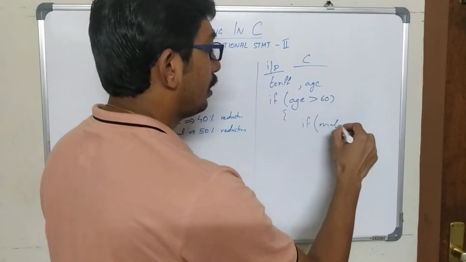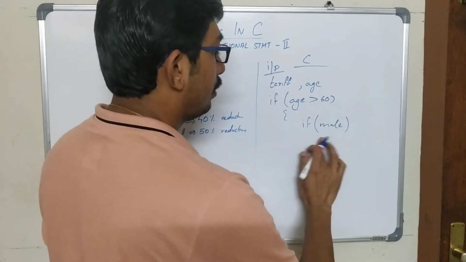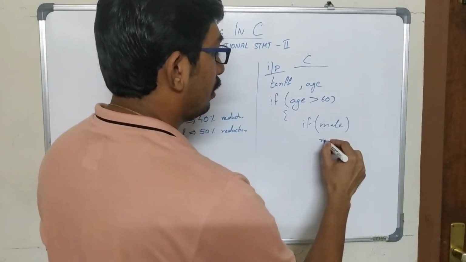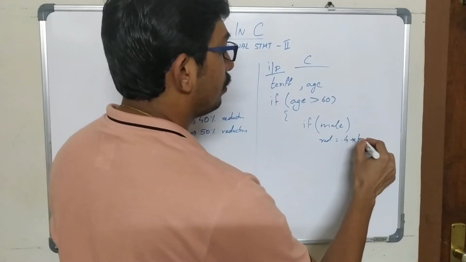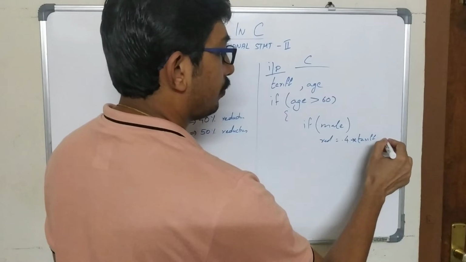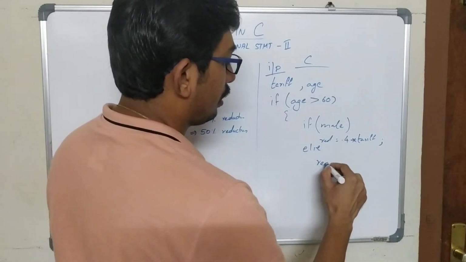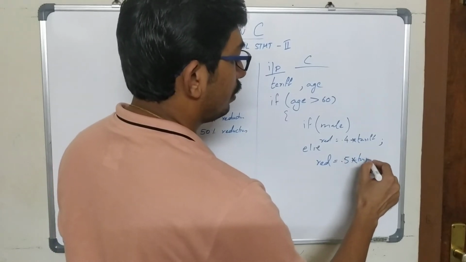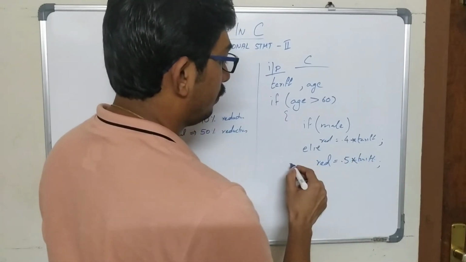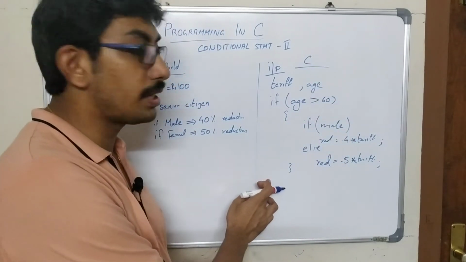If male, then reduction is equal to 0.4 into tariff, else reduction is equal to 0.5 into tariff. Else there will not be any change in tariff.